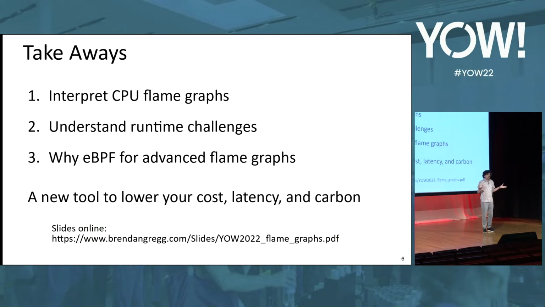As I said, I coded flame graphs one night and came to work the next day and it was done. All of the work was making sure it worked properly in the JVM, in Go, in Node.js, and lots of other runtimes. And then why we need eBPF, a new technology for advanced flame graphs.